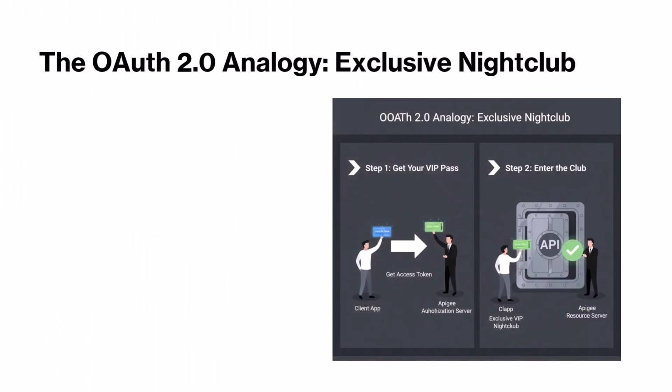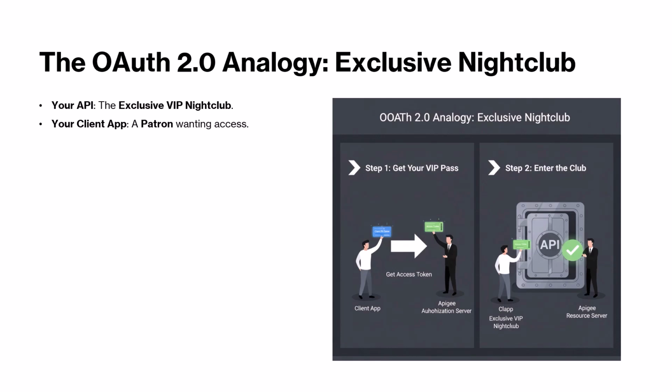So now let's move to an exclusive nightclub analogy for OAuth 2, one that fits with digital access control. Now imagine your API as an exclusive VIP nightclub. This nightclub itself is a valuable resource that only authorized people or applications should enter.